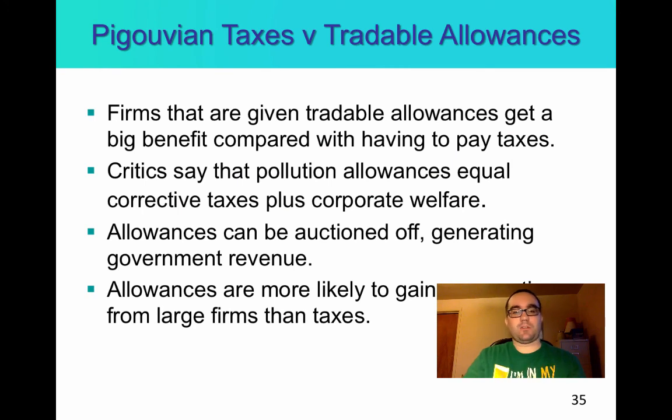So, firms that are given tradable allowances get a big benefit compared to having to pay taxes. Critics say that pollution allowances equal corrective tax plus corporate welfare. So since these allowances can be auctioned off, they generate government revenue, and allowances are more likely to gain cooperation from large firms than taxes.